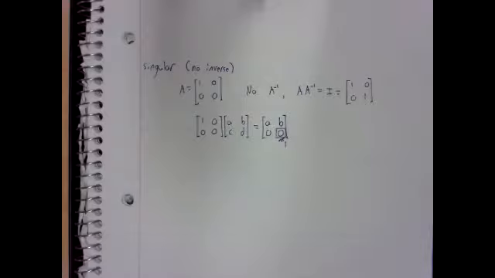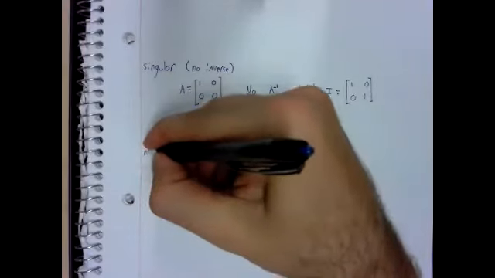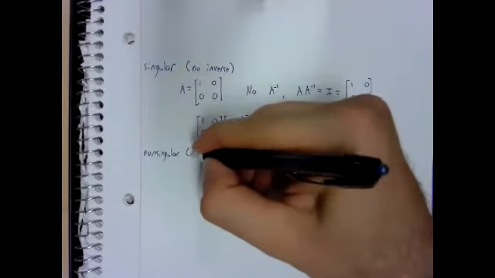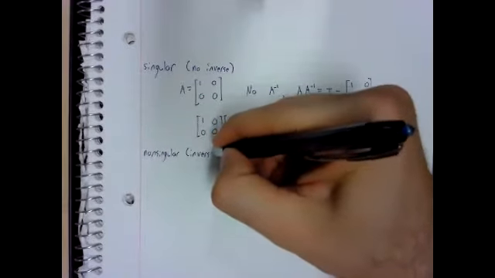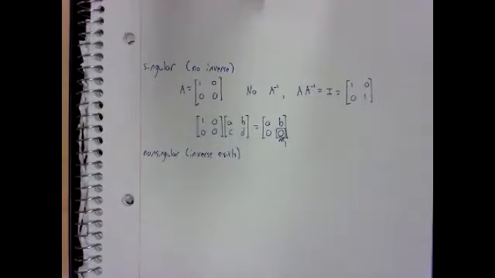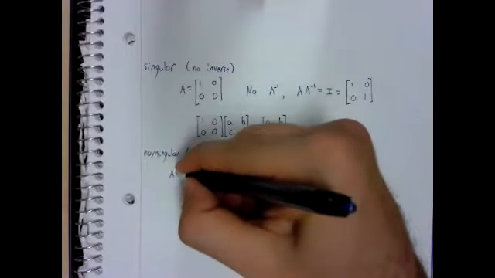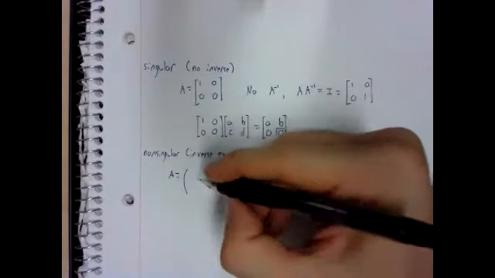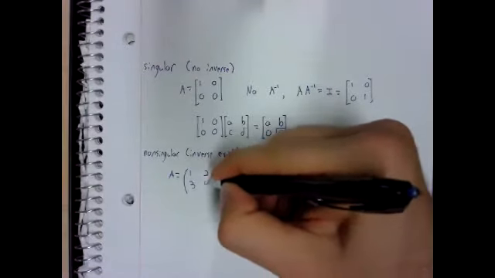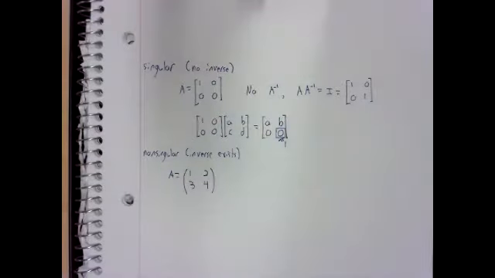As a matrix that is non-singular, that is to say, it has an inverse, well, like I said, almost anything would do. For example, the 2 by 2 matrix 1, 2, 3, 4 is non-singular.